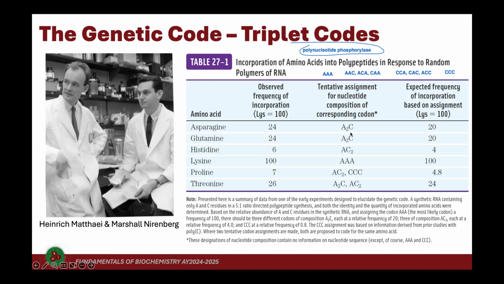The codon has two A's and one C. And then we have histidine, which has the next low frequency, histidine and proline. So they assign this AC2, but they also assign AC2 to threonine. And then they assign CCC to proline. Okay. So this experiment didn't complete the picture, right?